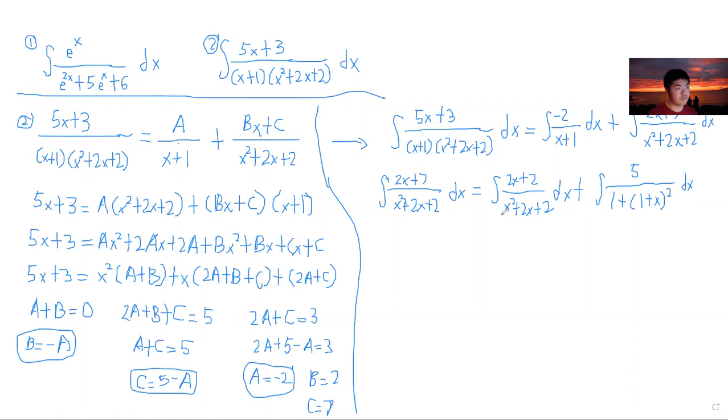The derivative of x squared plus 2x plus 2 is just 2x plus 2, right? And you could use u substitution here, but I know this in the back of my head. This is a side note: d/dx of ln f of x is equal to f prime x over f of x.